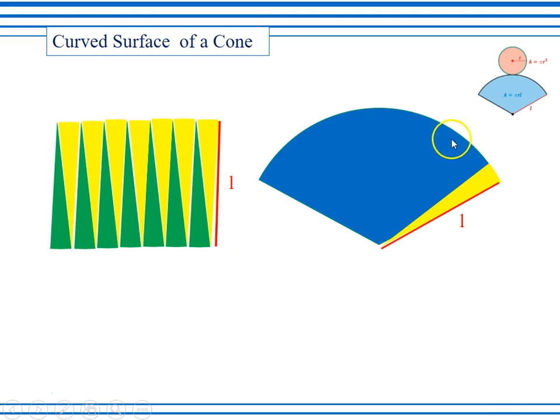And remember, circumference of a circle is 2 pi r. We have pi r up here and pi r down here, because half of it will be across the bottom with the green triangles, and half of it will be across the top with the yellow triangles. So if we found the area of this rectangle, we would take the length, pi r, times L, the slant height.